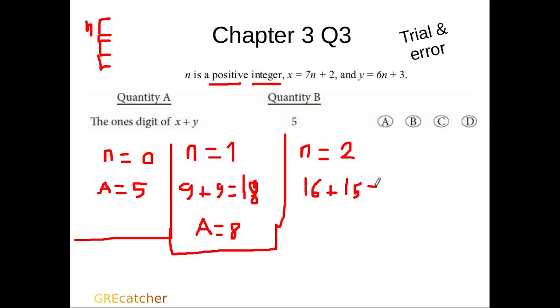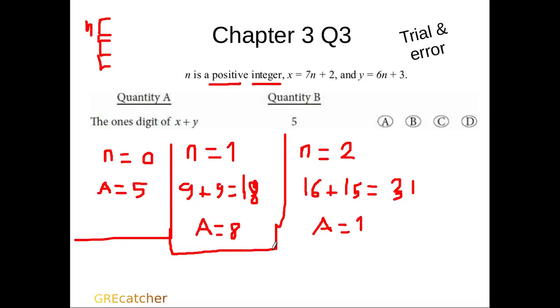The addition of 16 and 15 is 31. Now A is equal to the ones digit, so A will be equal to 1, which is less than 5.